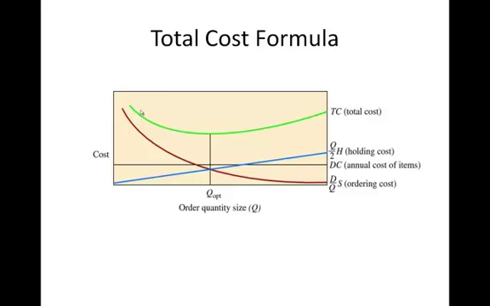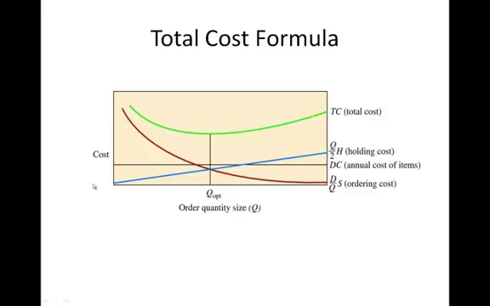The red line shows us the annual ordering cost. We see here that if our order size is very low, we're going to be placing a lot of orders. And in which case, as our order size gets bigger, the cost will be reduced because we will be placing fewer orders.